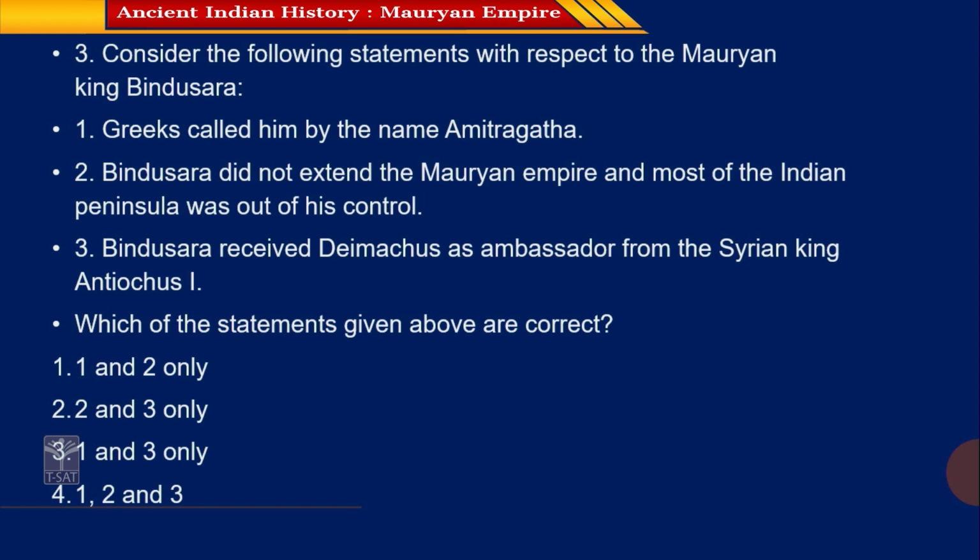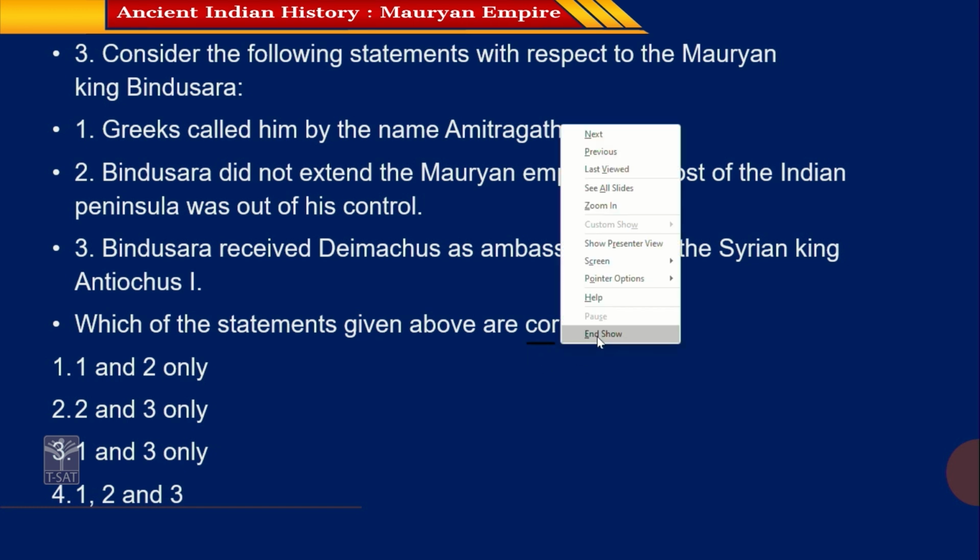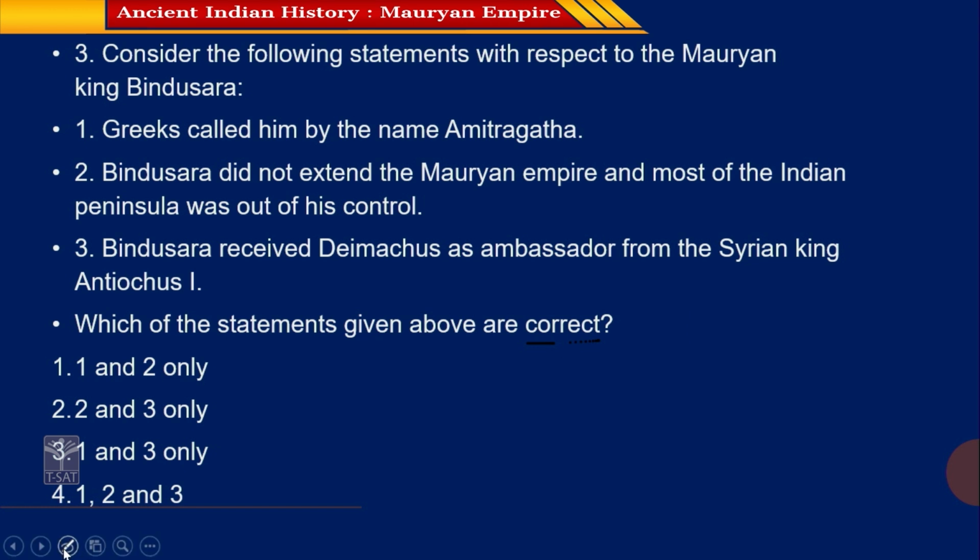When you're reading prelims questions, multiple choice questions, be very aware of the correct and incorrect options. Often you may get confused between correct and incorrect. It's very important for you to understand that. So, what are the options? Options 1 and 2, 2 and 3, 1 and 3, 1, 2 and 3. See, the statement that Bindusara did not extend the Mauryan empire is definitely wrong, because Bindusara extended the kingdom just like his father Chandragupta Maurya.